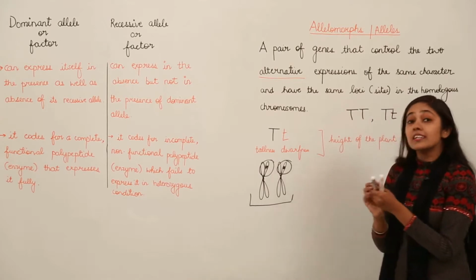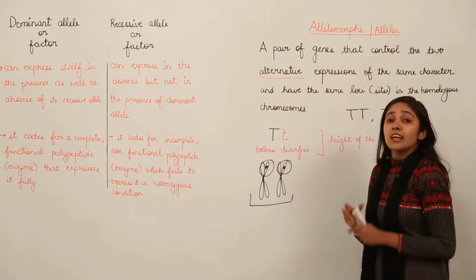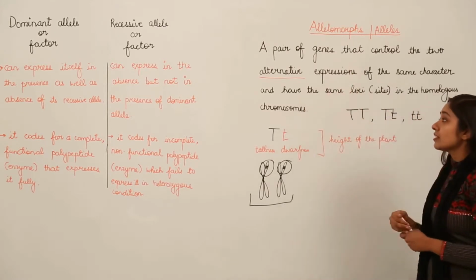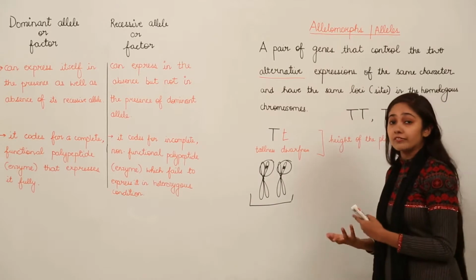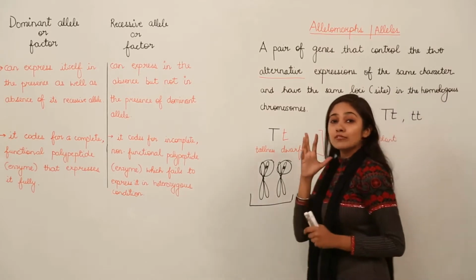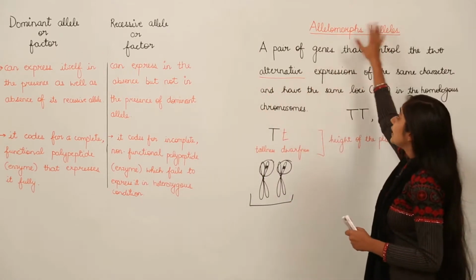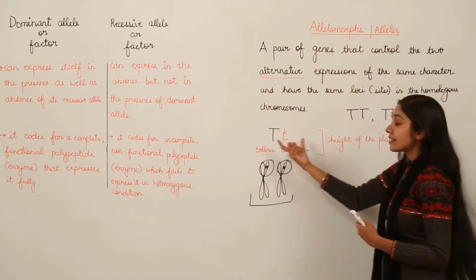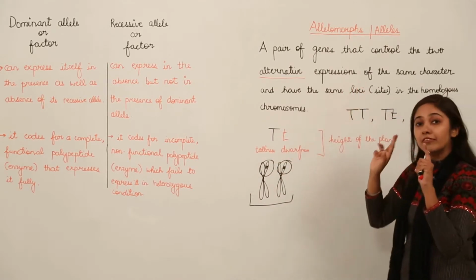So now what is the definition that you are going to write? Why am I telling you this, that we have two definitions, and initially we had a definition like this, and now we have another definition? Because there is a lot of confusion among students of how these allelomorphs or alleles are present and how they are written. But now let me make it very clear.